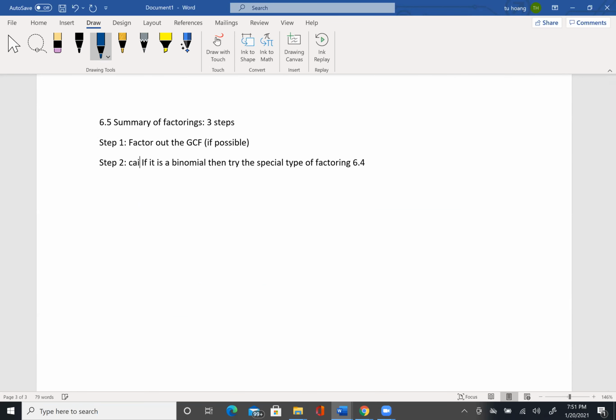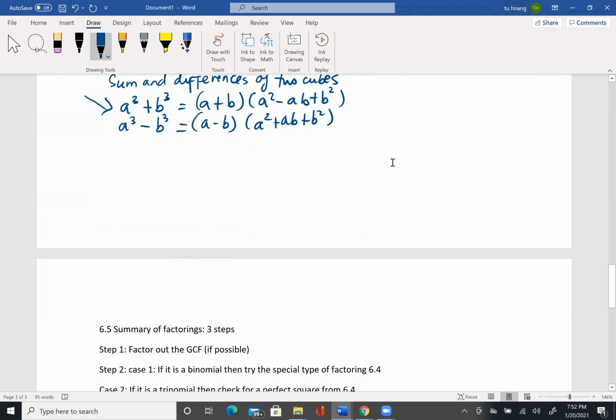If it is a trinomial, then check for a perfect square trinomial from 6.4.